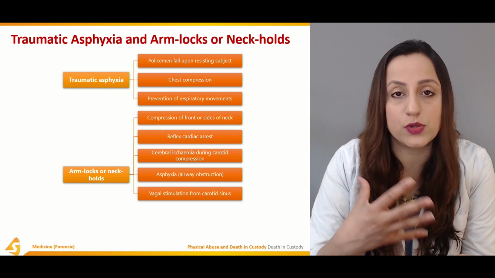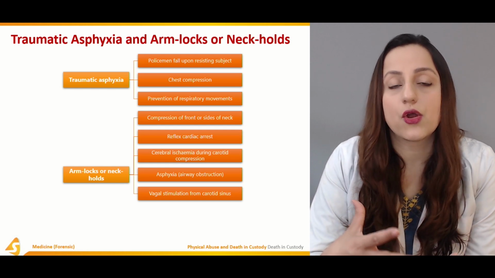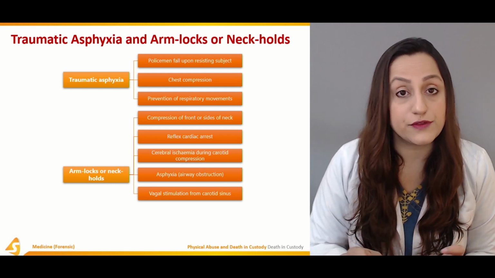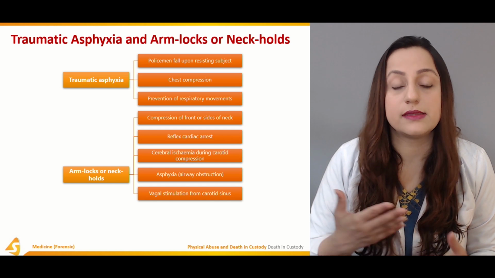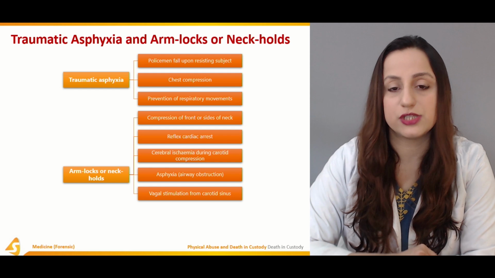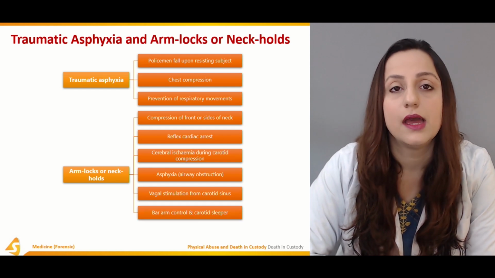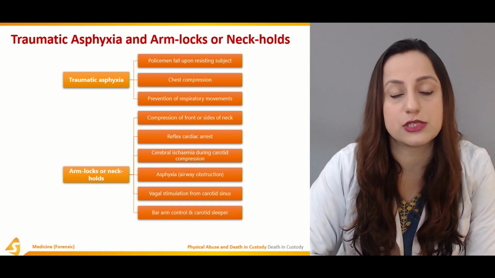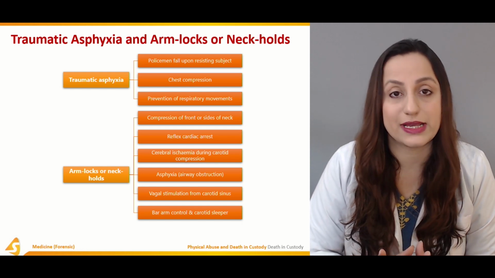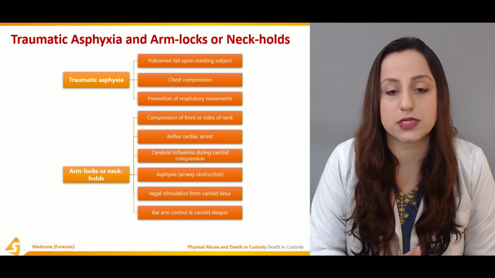So there are baroreceptors present on the carotid sinuses, and they are going to detect that loss of the pressure, and these baroreceptors are going to stimulate the vagal complex, and there will be a vagal stimulation after that. These vasovagal inhibition phenomena or vasovagal stimulation phenomena can result in cardiac arrest. That is basically the underlying cause over here.